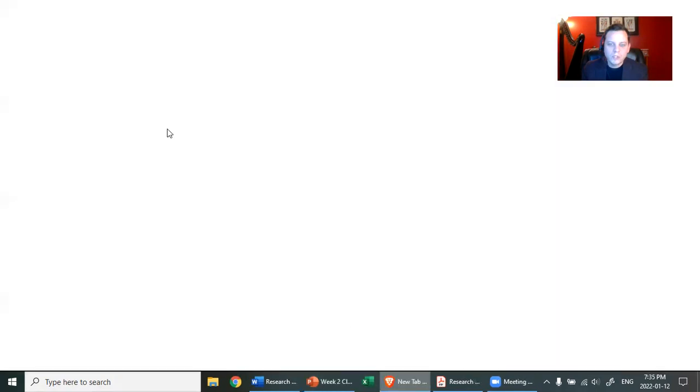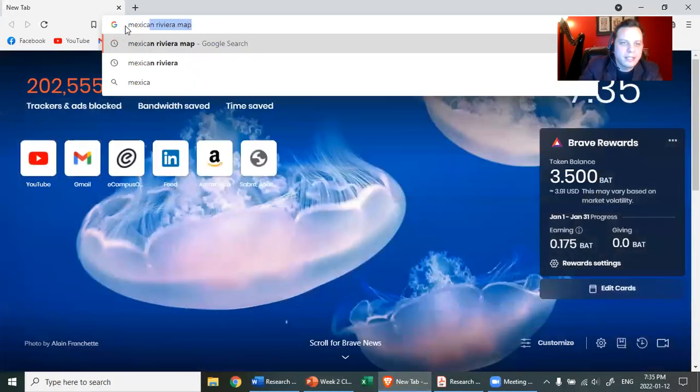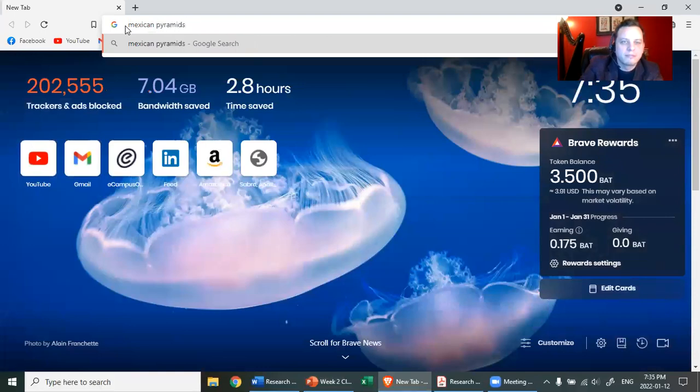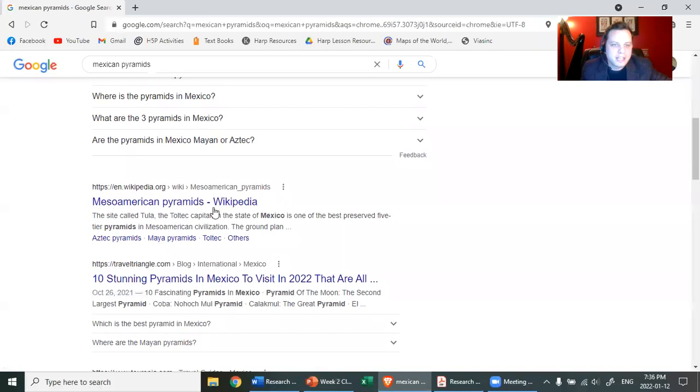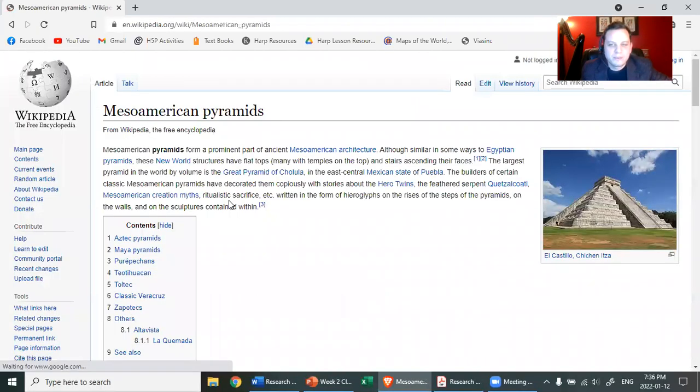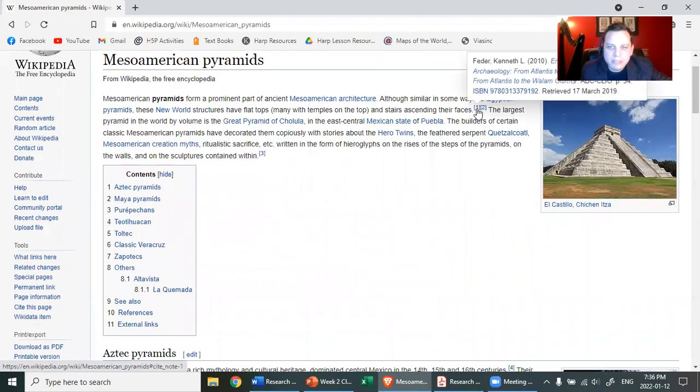So let me improvise a bit. Mexican pyramids, for example. One of the first things that come up all the time is Wikipedia. So let's see. Yes, you can see it right away. You get all your information you usually get, and then there's little numbers here.